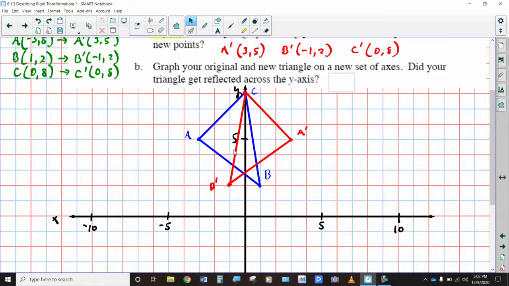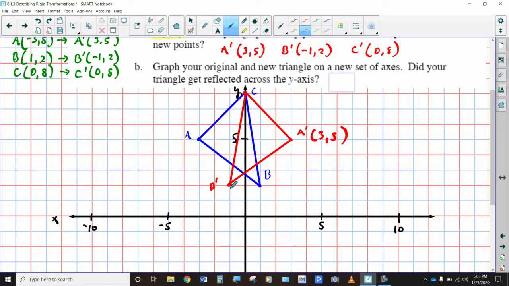Now, here's something: when you're working with coordinate grids, we can do this, whereas if you're working with a mirror, there's no way to go through the mirror into that parallel universe of your reflection. But it can be done on a coordinate grid. So let's check to see that our coordinates are correct. This point here is at 3, 5. Does that agree with what we said it was going to be? Yes, it does.